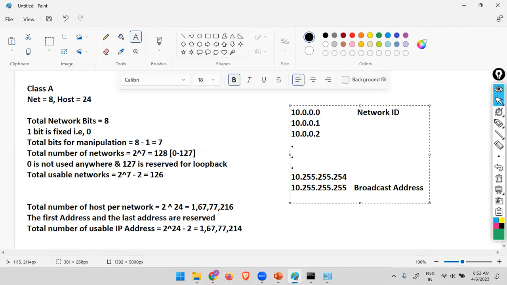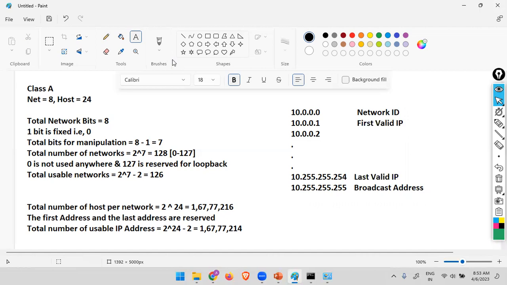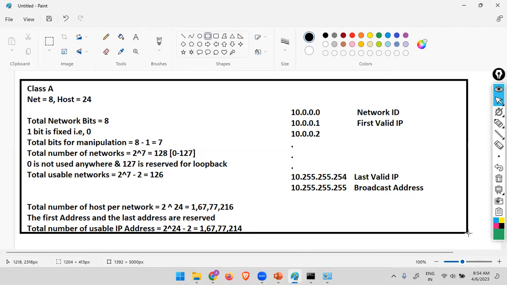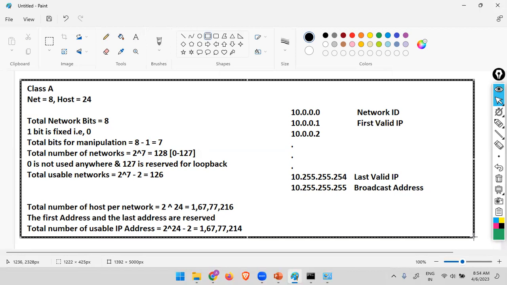Then what are these IPs in between? These are known as valid IPs. So this one is my first valid IP, and this is my last valid IP. This is the calculation for class A.